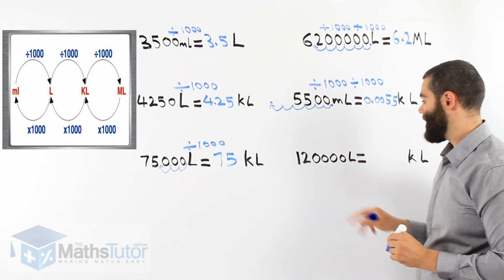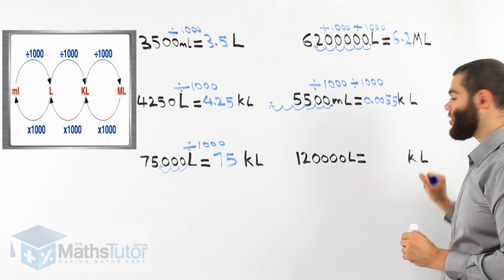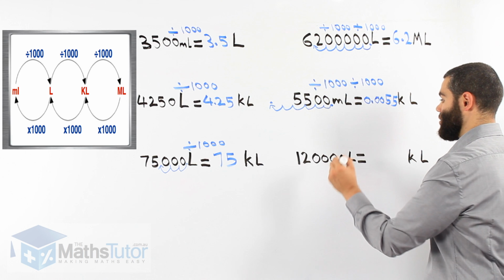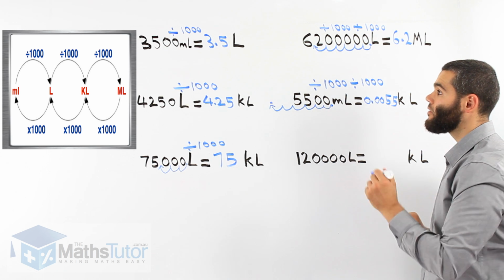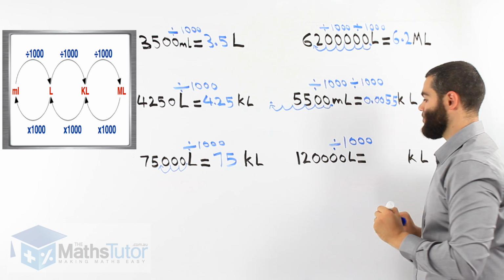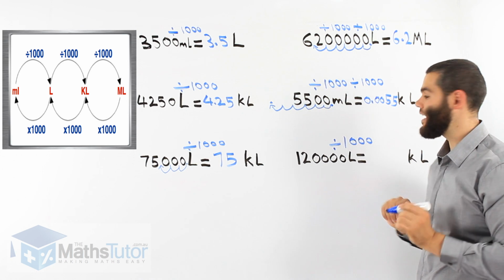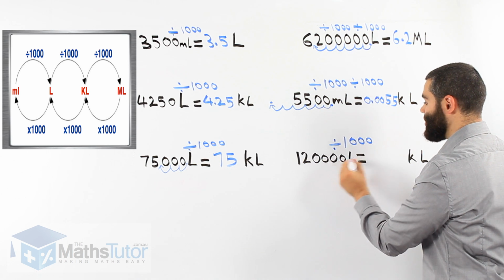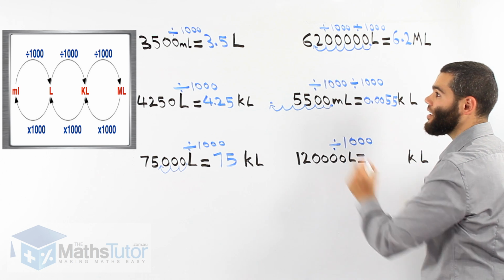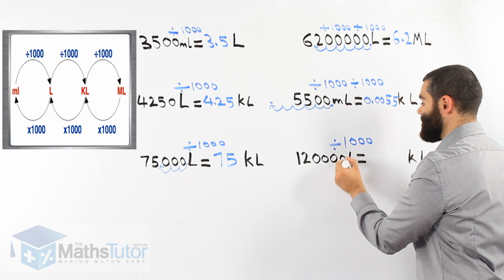Last one, we have 120,000 litres. We want to convert it to kilolitres. So we're going from litres to kilolitres. Very simple. We divide by 1,000. Always refer, as soon as you start doing it, refer to the diagram just to get the hang of it. So 120,000 litres, we're going from litres to kilolitres, we're dividing by 1,000.